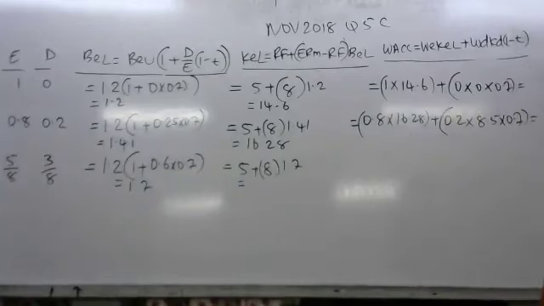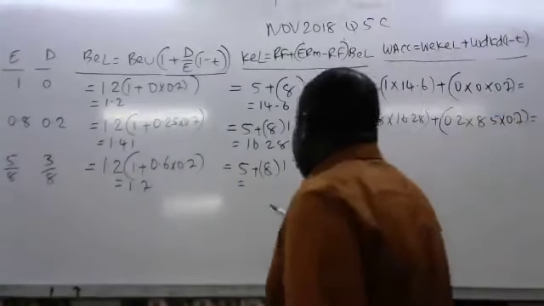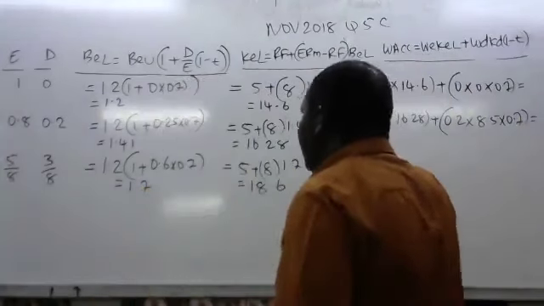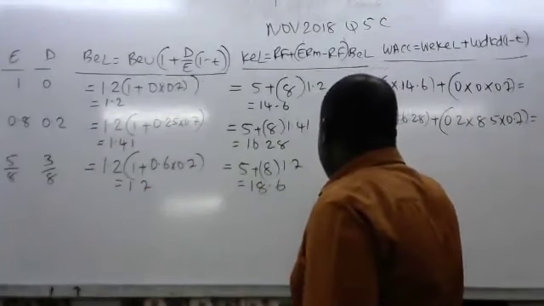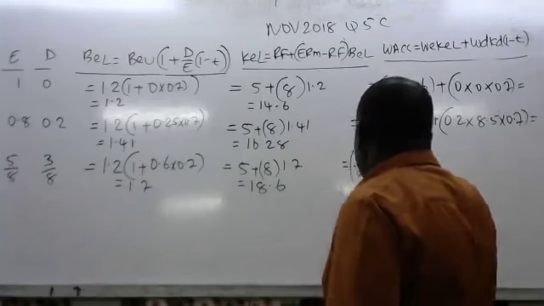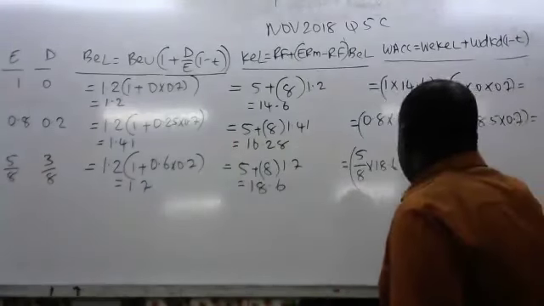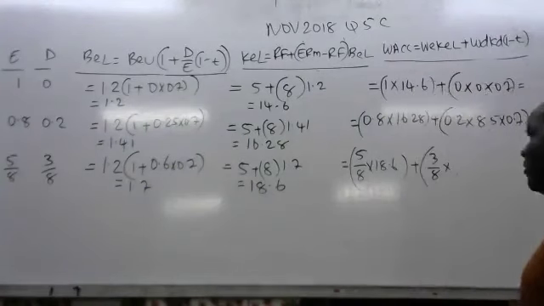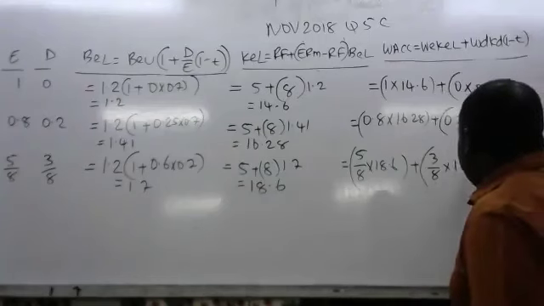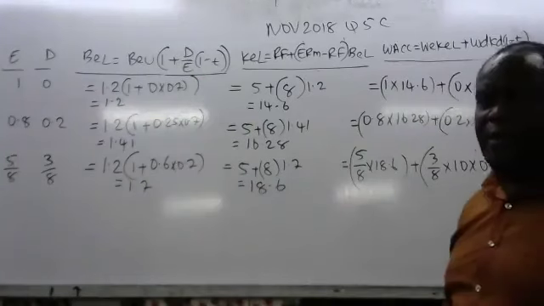So it should be able to give us 18.6. So when it comes to this point, for equity just take 5/8 multiplied by 18.6. You also add the one for the debt, it will be 3/8, multiplied by pre-tax, given as what percent? 10, also multiply by 0.7 to get the figure for that area.